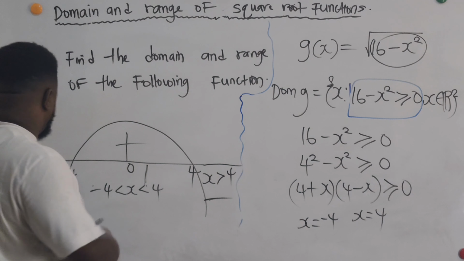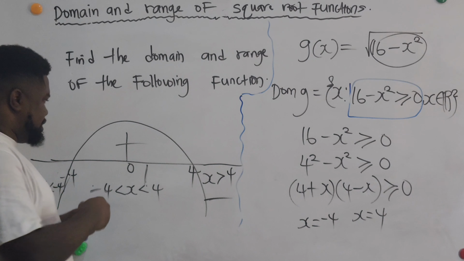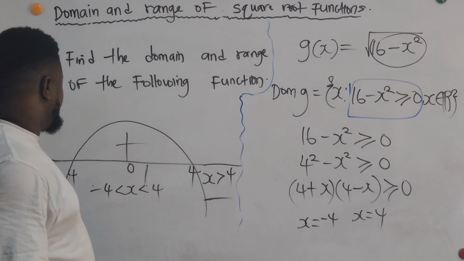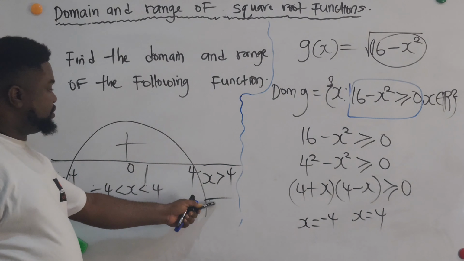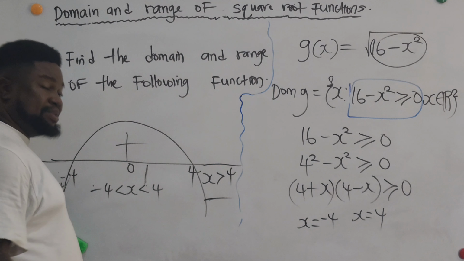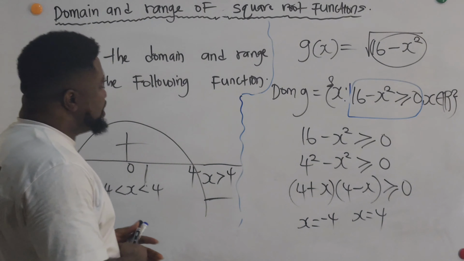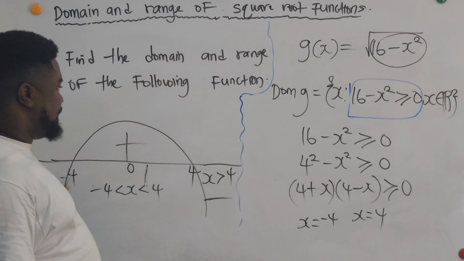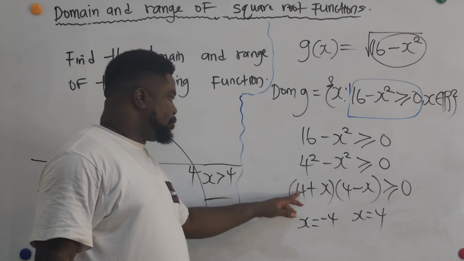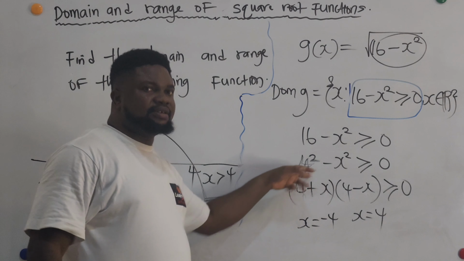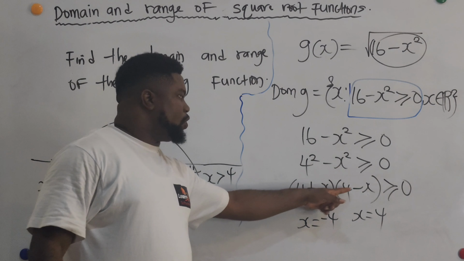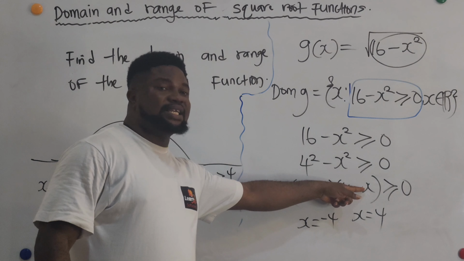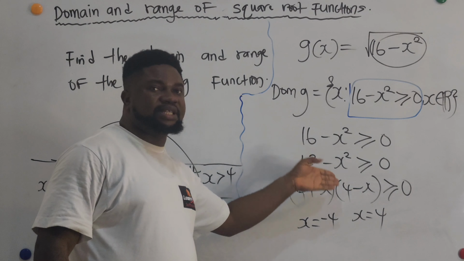How about this region? Automatically here becomes negative. Let me still show you. If I choose a negative number, I can choose -5. 4 plus -5 is -1. 4 minus -5 is 9. -1 times 9 is -9.